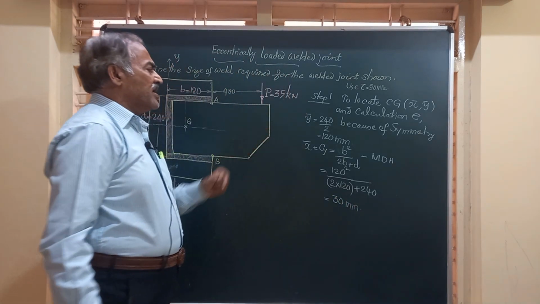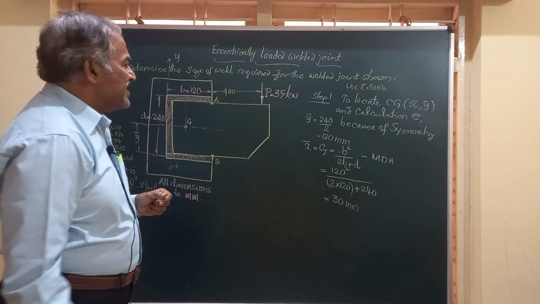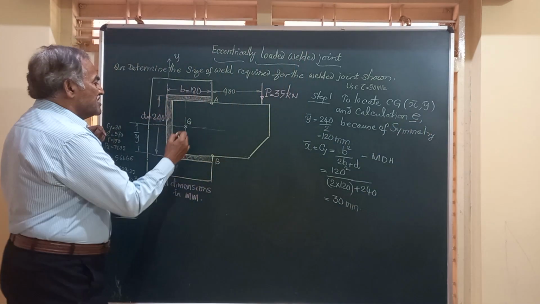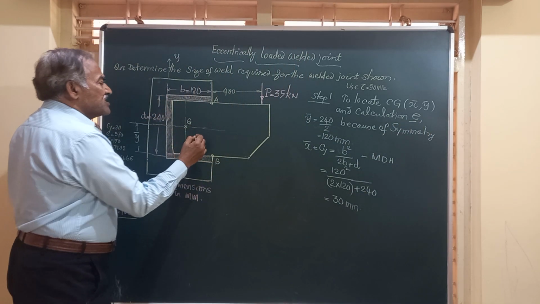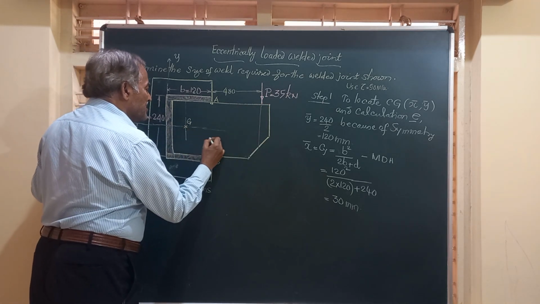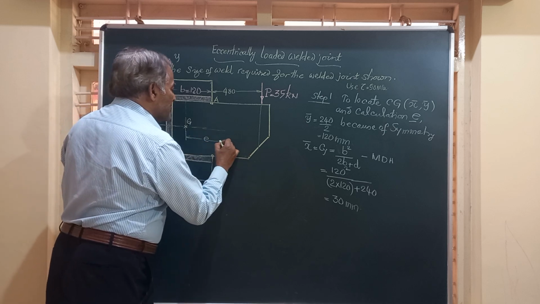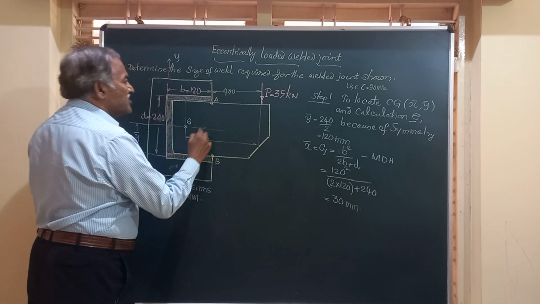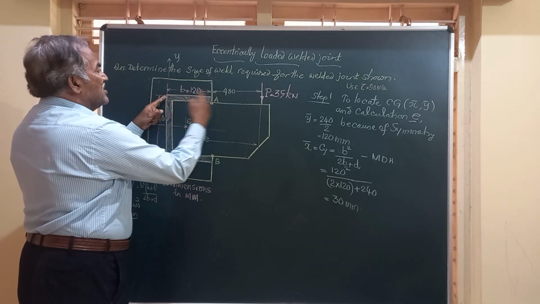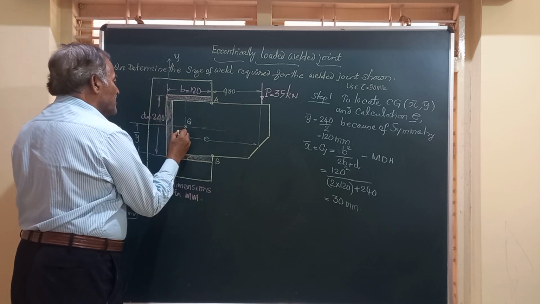So we have got the value of x bar, we have got the value of y bar, and friends, the term eccentricity is the distance from the load axis to G. So this is eccentricity. And friends, very obviously, this distance, from here to here, is how much? 600 minus this 30, we got just now.